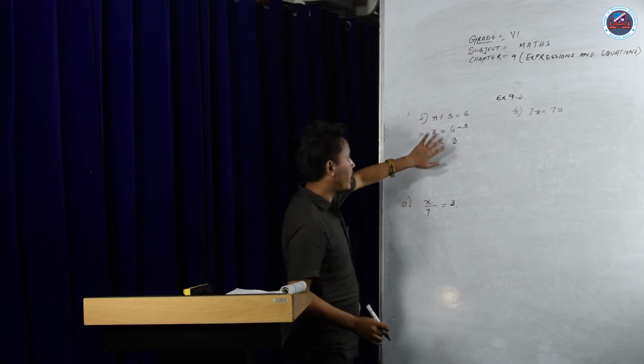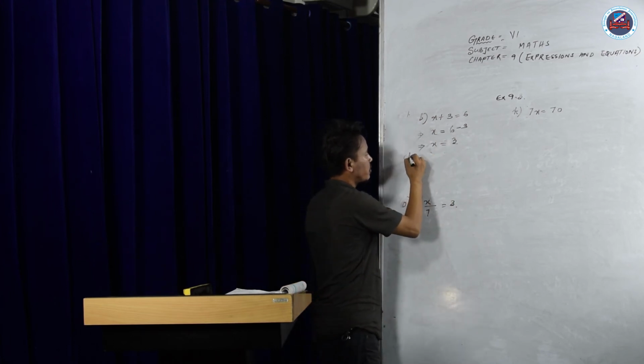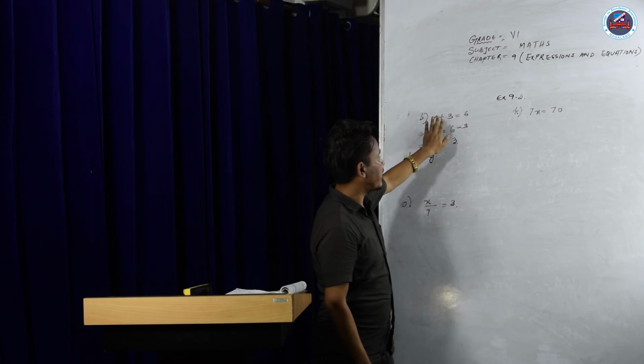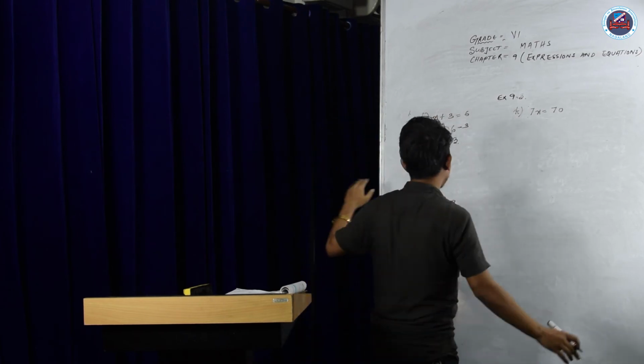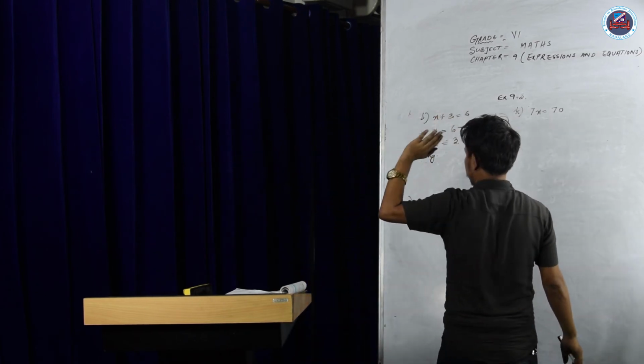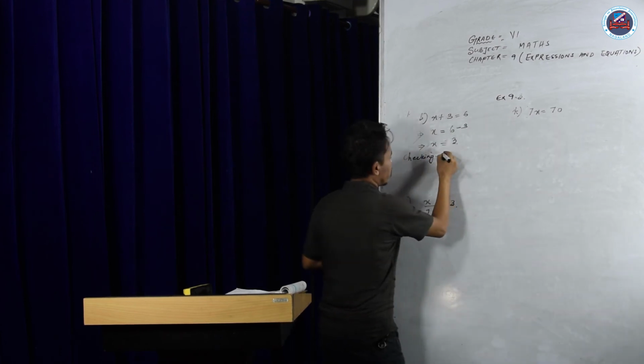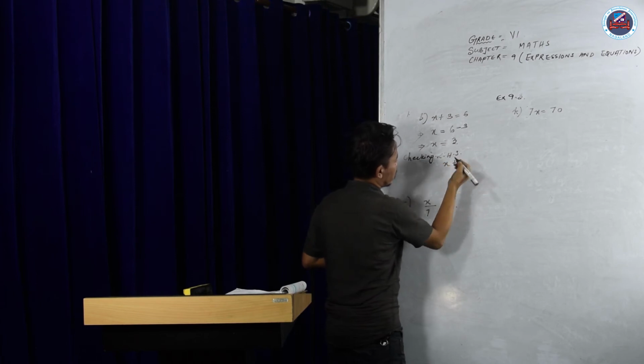Correct? Now we are asked to check. How do we do checking? You can see here x plus 3 equals 6. x plus 3 is the left hand side and 6 is the right hand side. So let's take the left hand side, LHS, that is x plus 3, right?